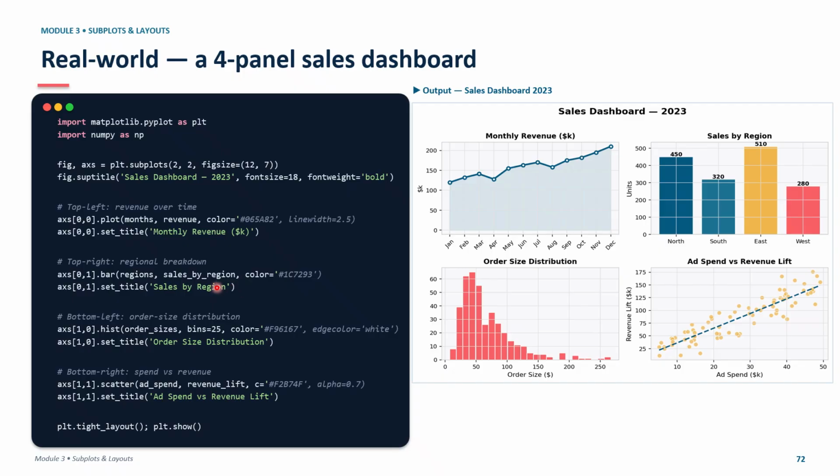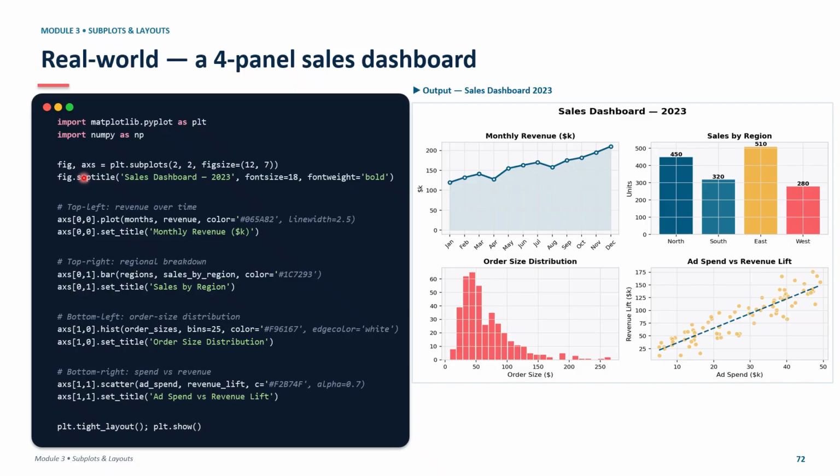The sales by region, the number of units sold per region, and the ad spend, which can be paired with the resulting revenue lift. So this is what I wanted as a dashboard at the end of the program. Now let us move into the code.